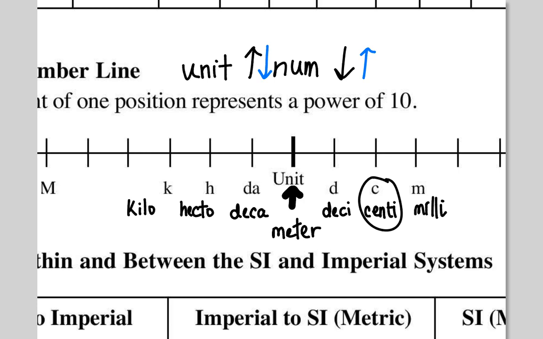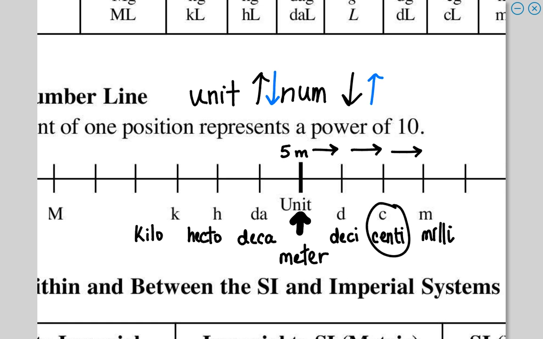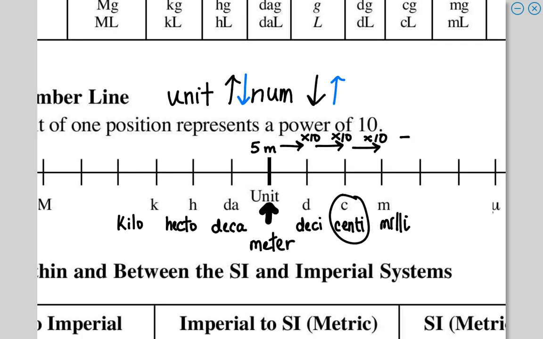So for example, if you had 5 meters, how many millimeters is that? Count the jumps. 1, 2, 3 jumps from meter to millimeter. So how many times do I multiply by 10? Times by 10, 3 times. So 5 meters is how many millimeters? 5,000.